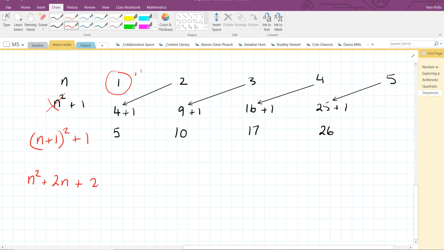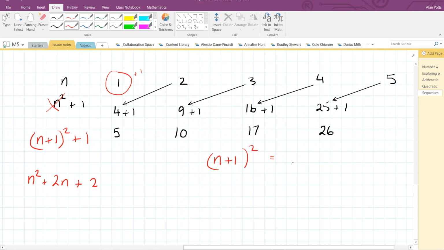Cole, what would you do to show it's the same thing? Well, I'm guessing n plus 1 squared would be n squared, right? So n plus 1 squared would give you what? Just n squared?